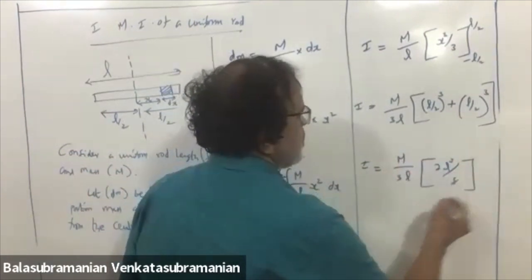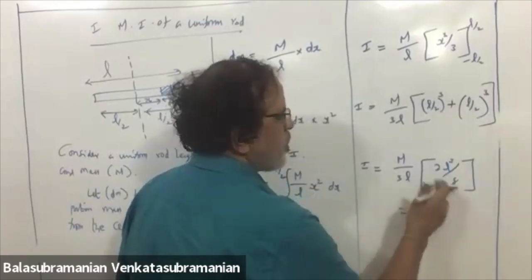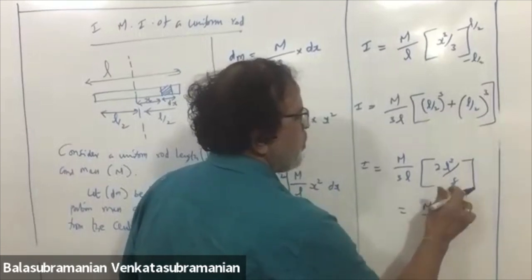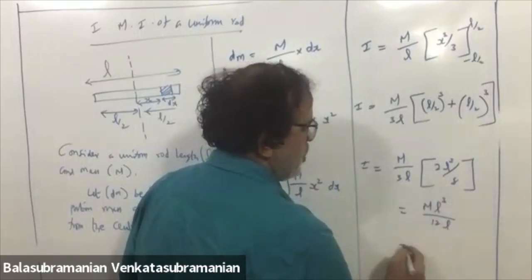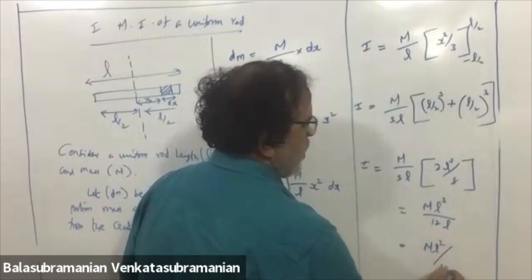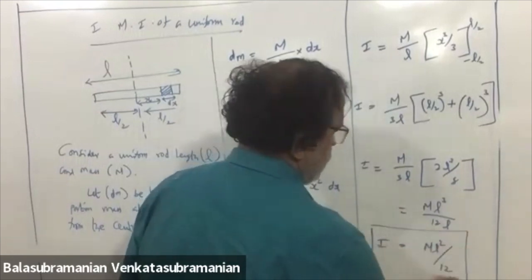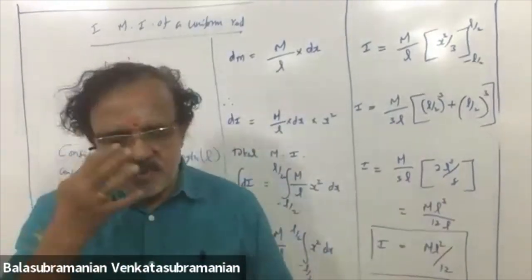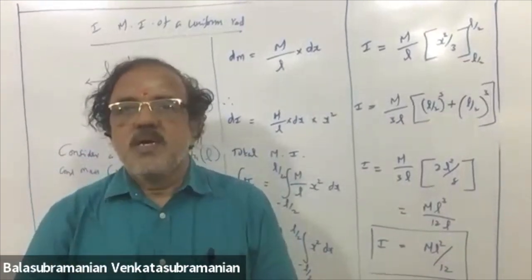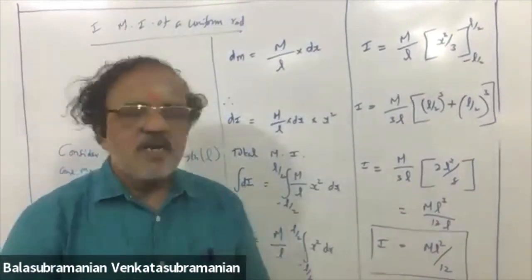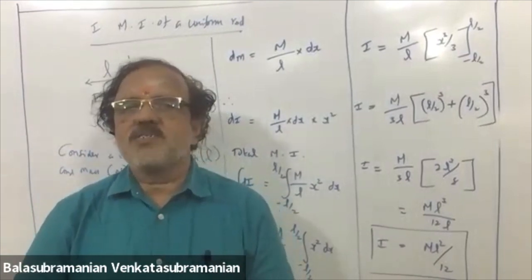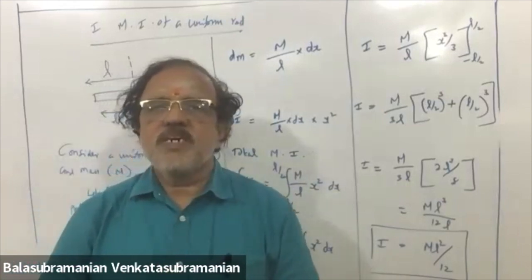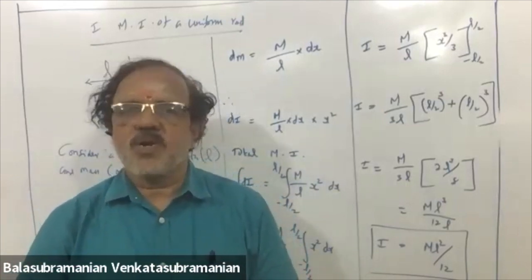That is L cube by 4. M L cube by 4 into 3, that is 12L. So ML square by 12, 1 L getting cancelled. The moment of inertia is M by 12 into L square, or ML square by 12. Very important 5-mark question this is, moment of inertia of a uniform rod.